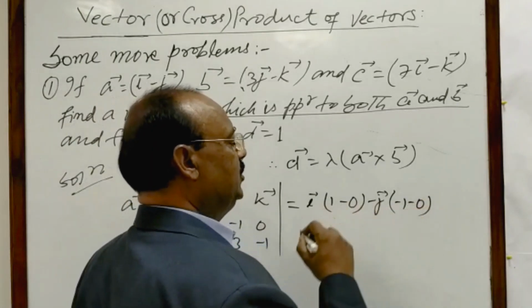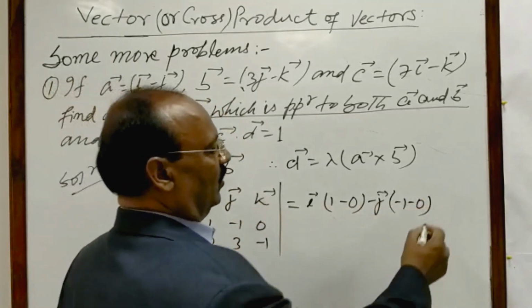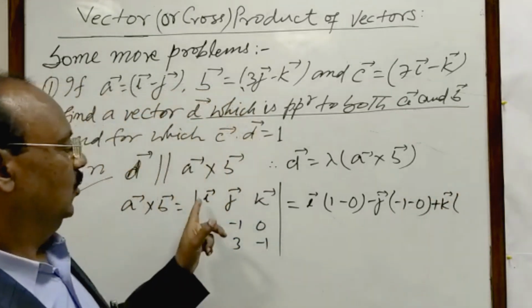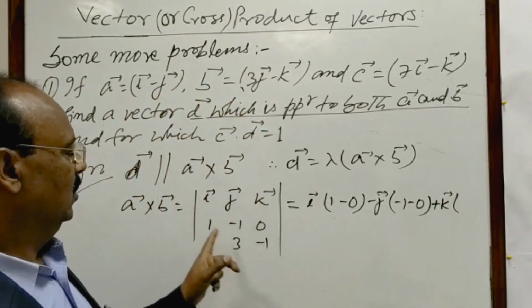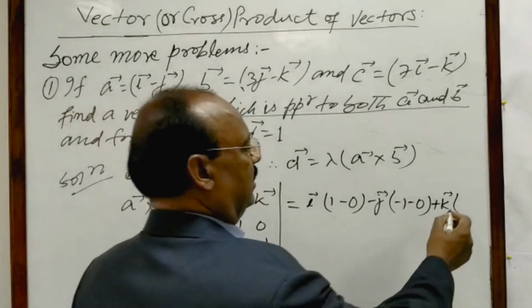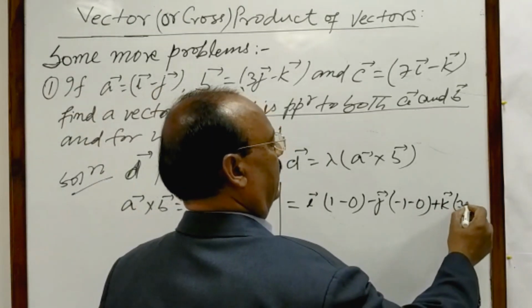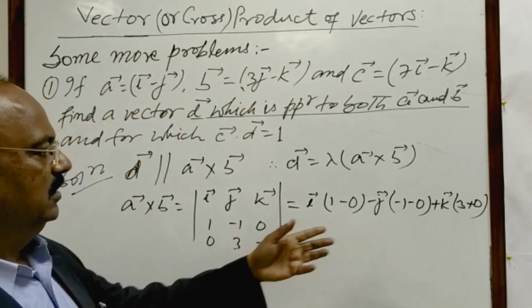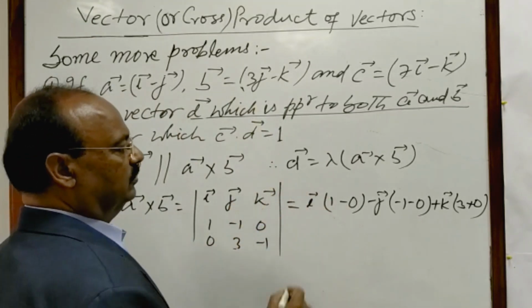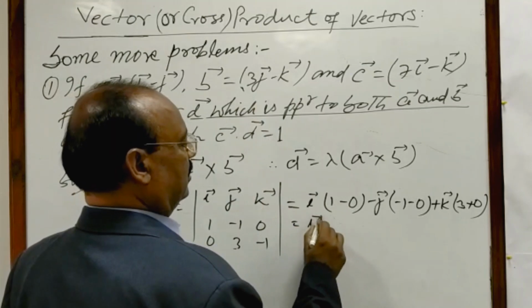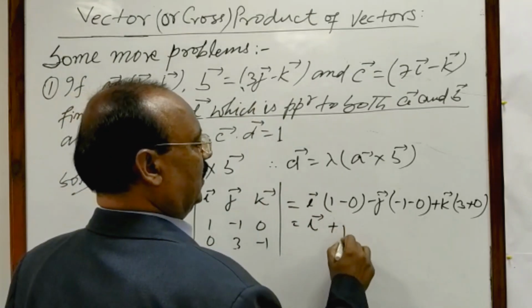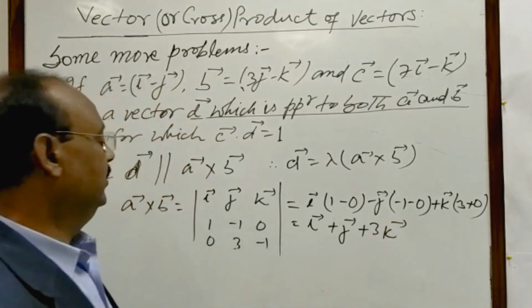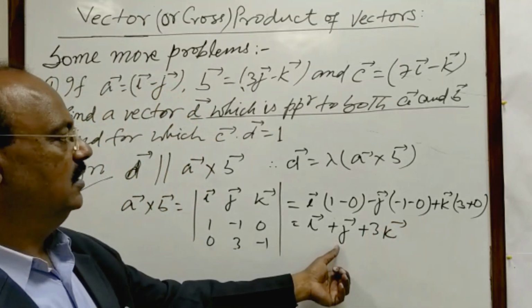So minus 0. And third term k, here omit first row and third column. 1 into 3, that is 3 and plus 0, since minus 1 into 0 is 0. So finally we are getting here i plus j plus 3k. This is the value of A cross B.